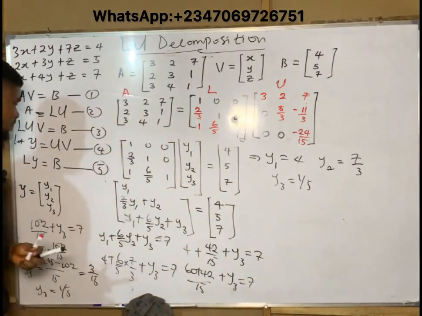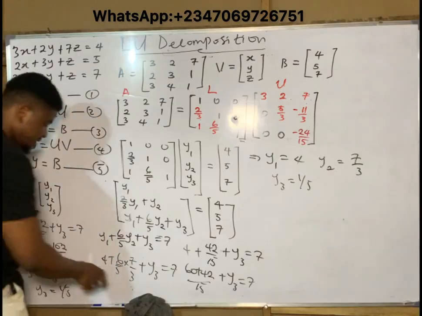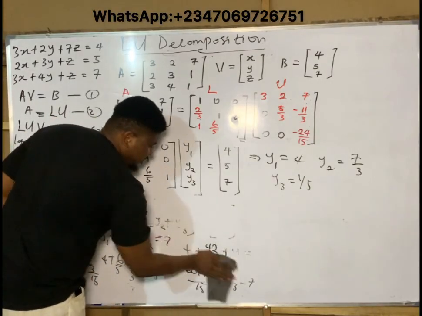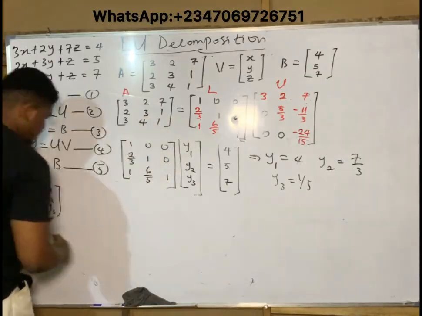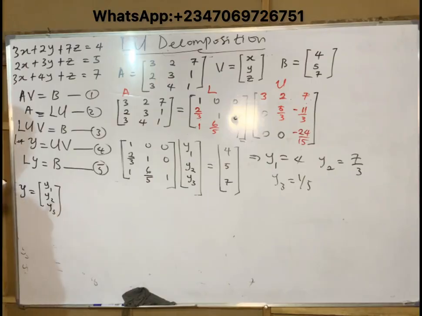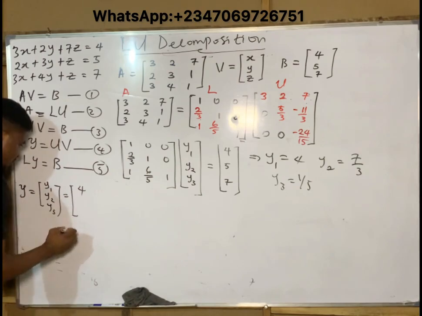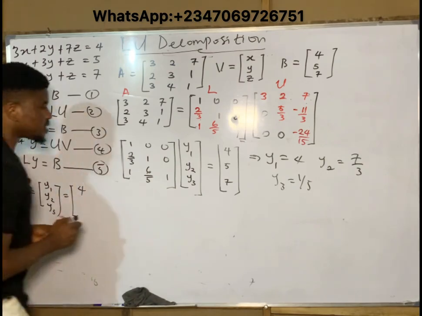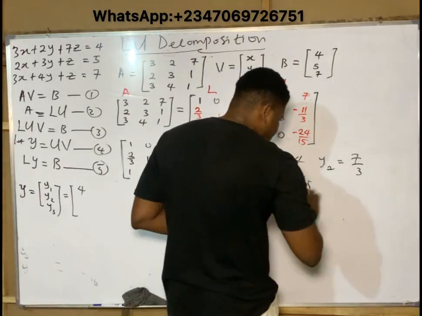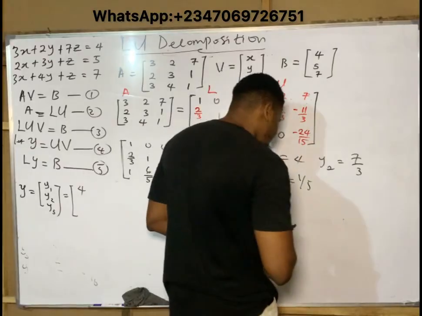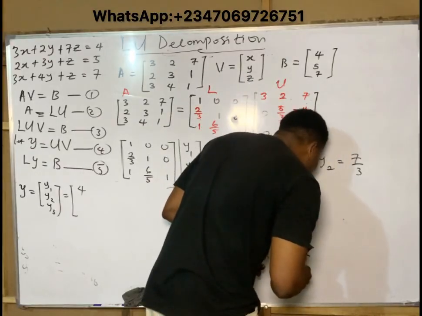So we've now been able to find the values of matrix Y. Having found matrix Y, it is equal to y1 is 4, y2 is 7 over 3, and y3 is 1 over 5.